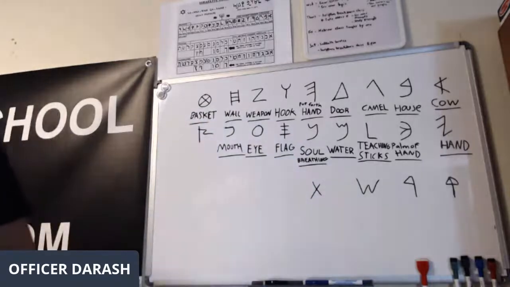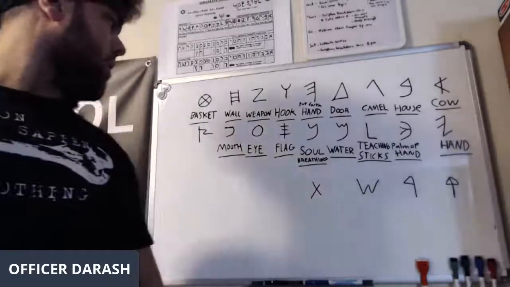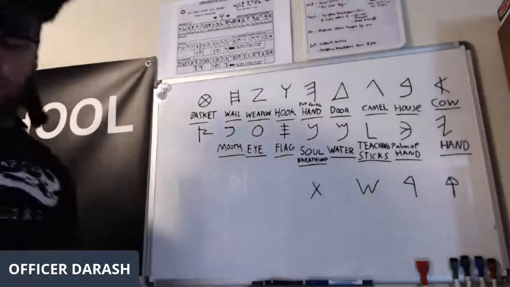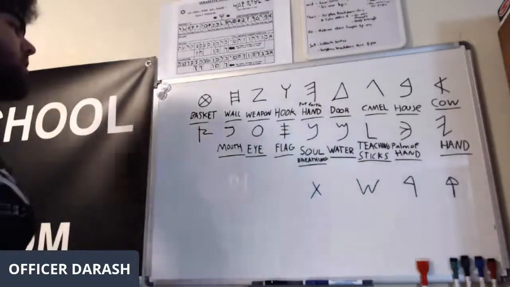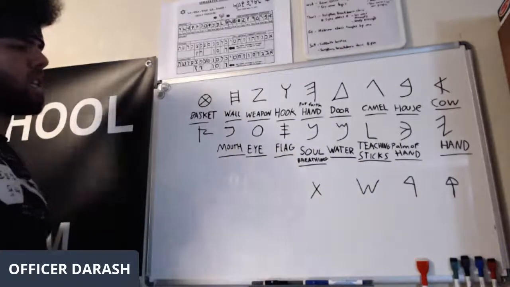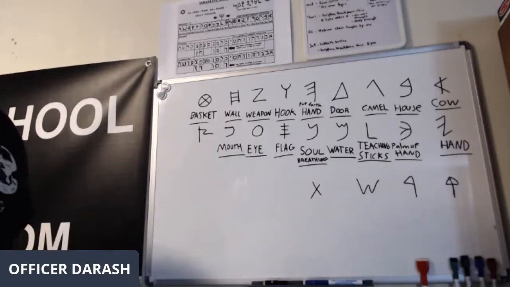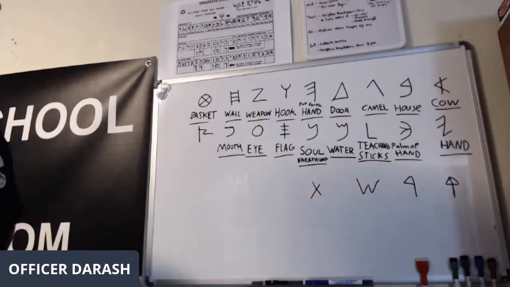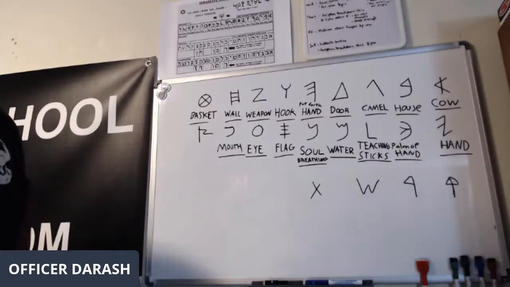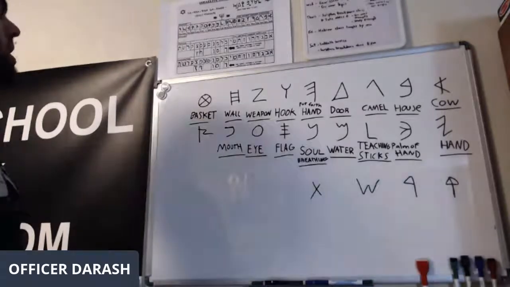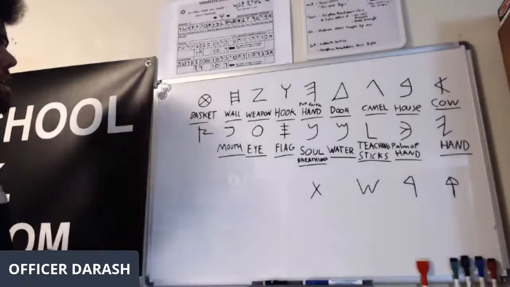All right. Next, I said Ra, my bad. Tazayad. It means tomahawk, because it kind of looks like an axe on a stick. You know what I'm saying?